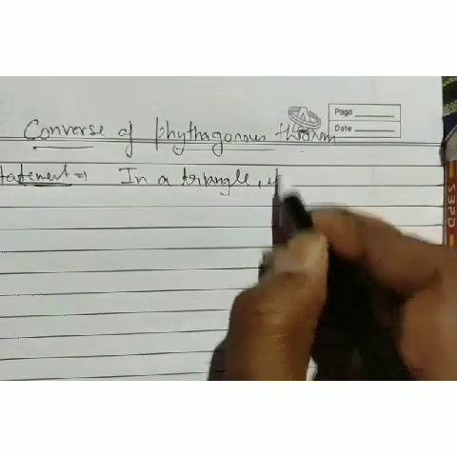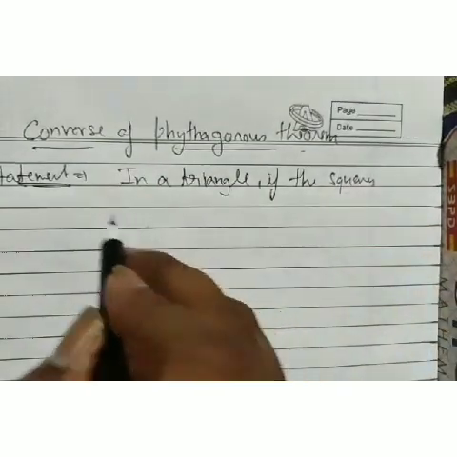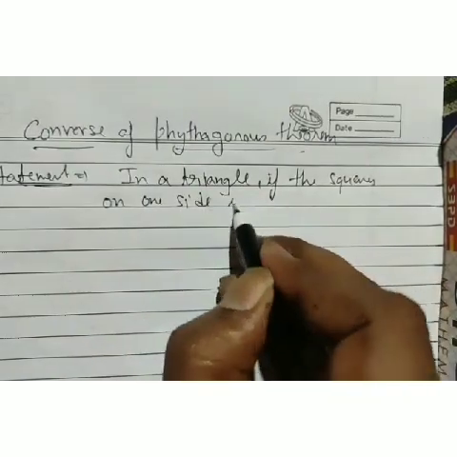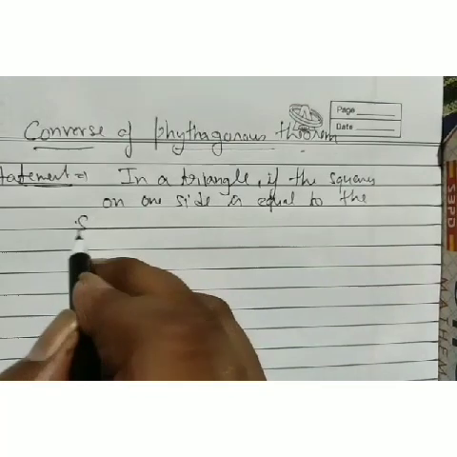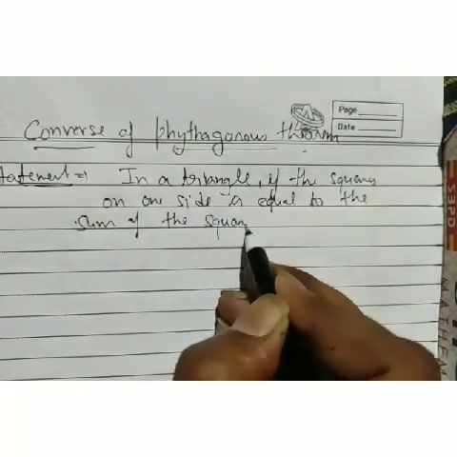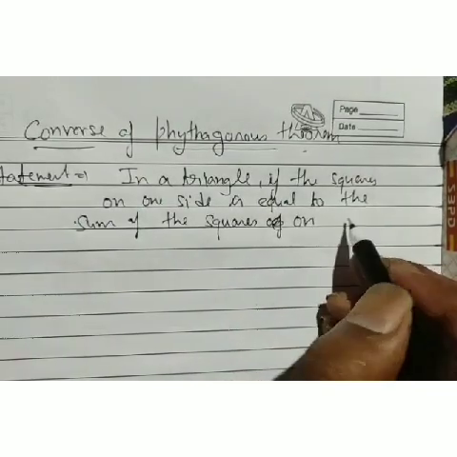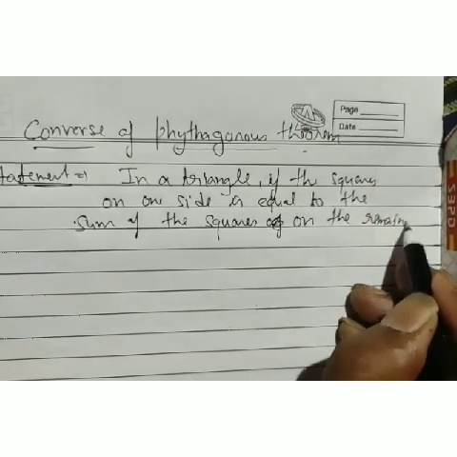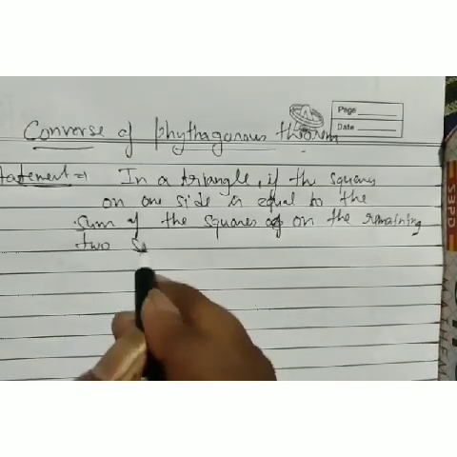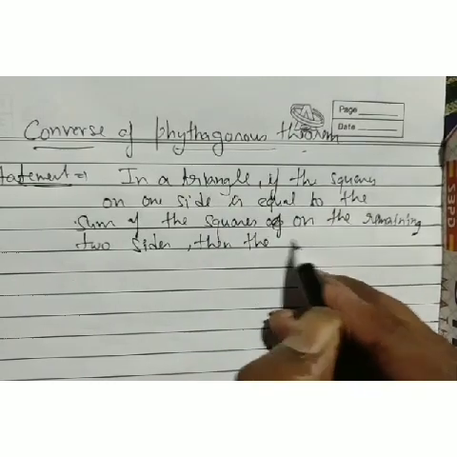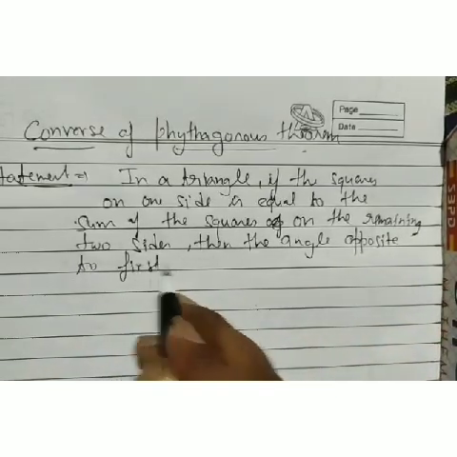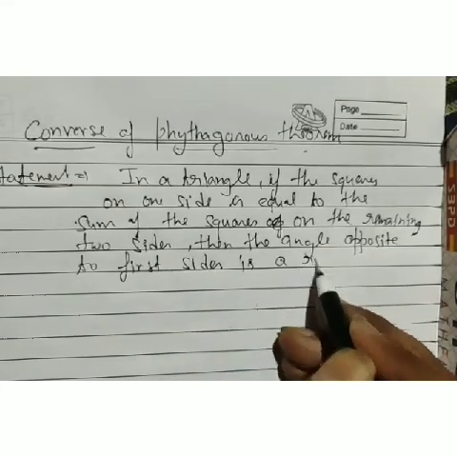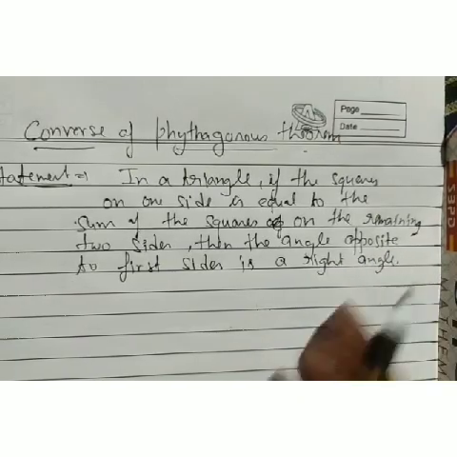In a triangle, if the square on one side is equal to the sum of the squares on the remaining two sides, then the angle opposite to the first side is a right angle. Now this is our statement of the converse part.